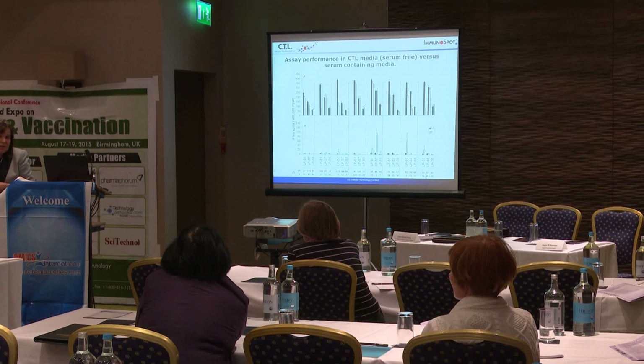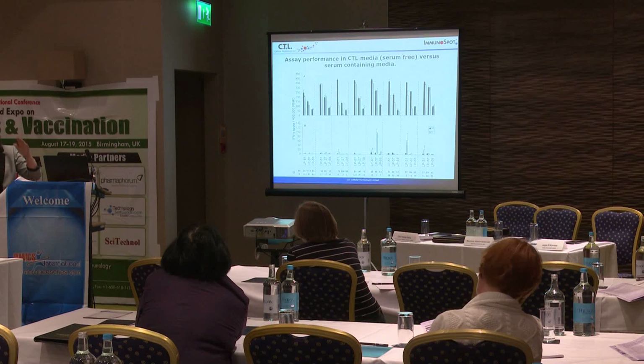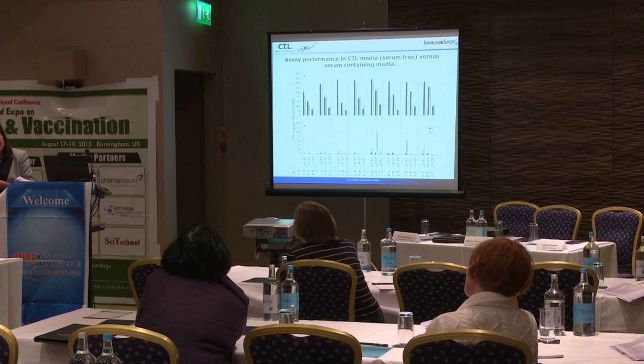And sometimes you test 20 lots from different vendors, and that's quite a lot of work, because think about it. You need to take all these 20 lots, separately heat inactivate and filter each of them, have 20 media in the same assay, and screen all the cells. So it's a major effort to do the first step of screening. But once you have done it, then you have qualified the serum media.